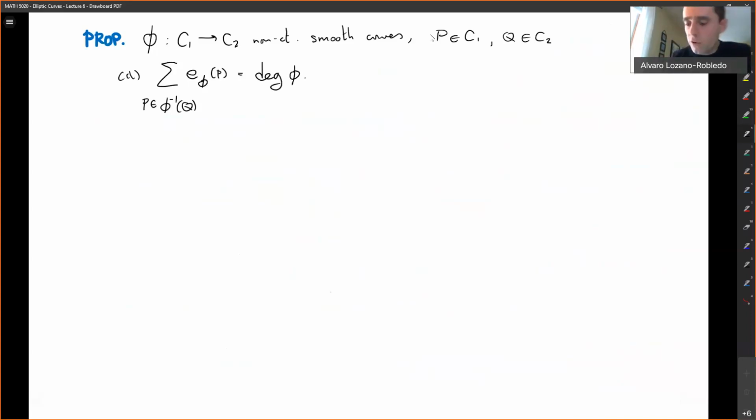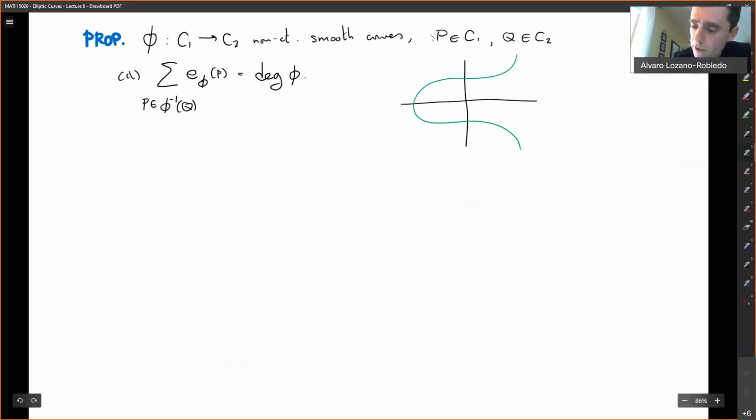If you remember the map we had before, where we're sending points to their x coordinate, the degree of this map was 2. The preimages of this point Q are P1 and P2.